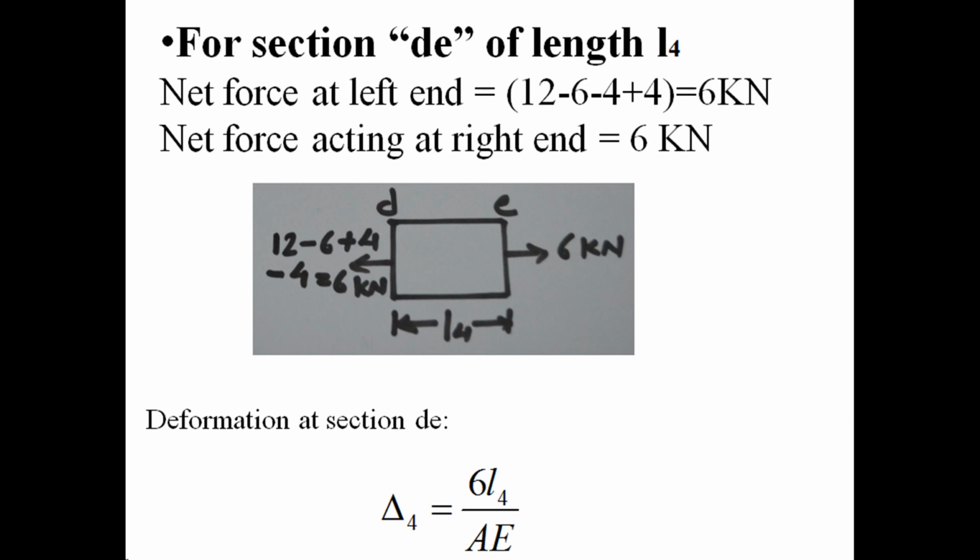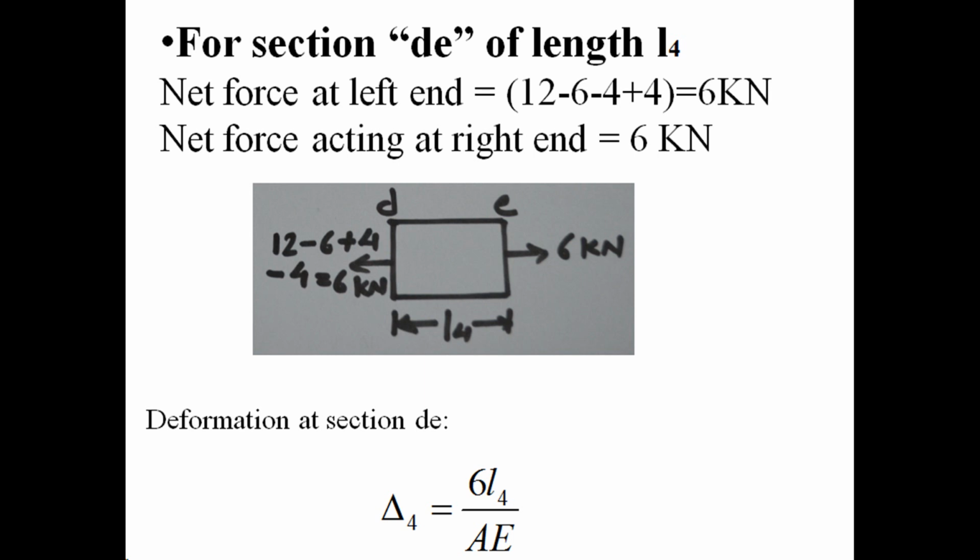Similarly, the last section, section 4. Here you can see in the diagram the net force at the left end will be 12 minus 6 minus 4 plus 4, which is equivalent to 6 kilonewton, and similarly the net force at the right end, you can see in the structural bar, is 6 kilonewton.